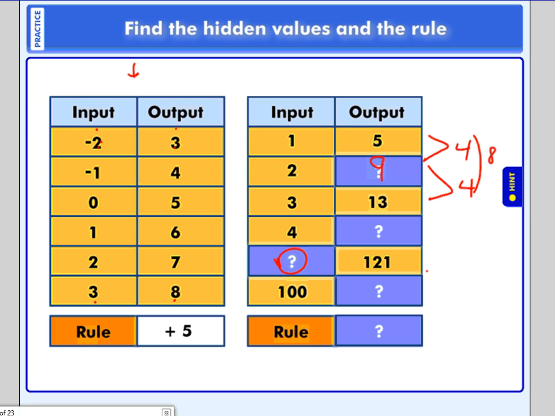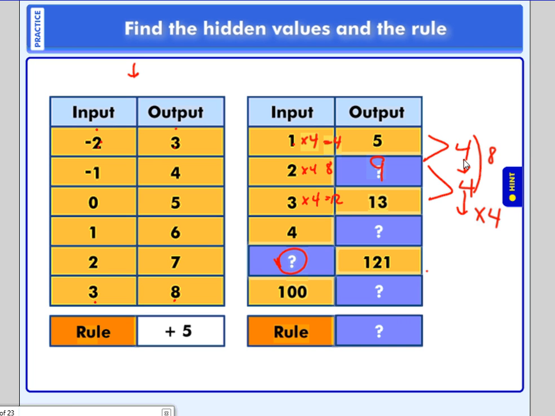Okay, so when I look at it, I'm thinking that's 9, and I'm noticing that every time it increases by 4, which means it gets 4 times bigger on the right. Well, what if I do 1 times 4? 1 times 4 is 4. 2 times 4 is 8. 3 times 4 is 12.